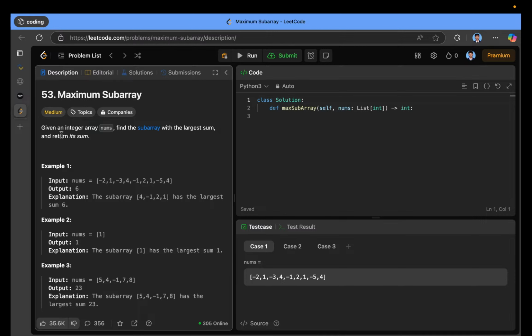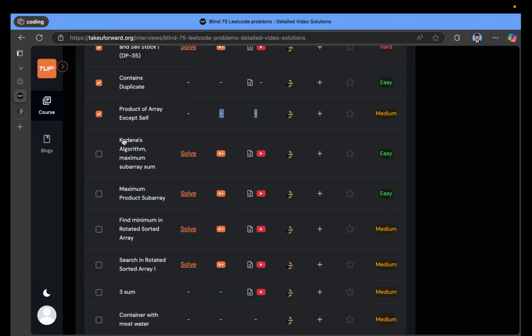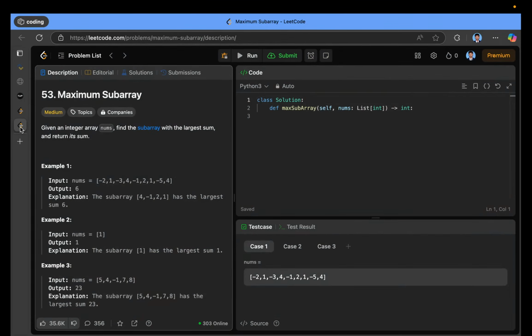Actually, I was late. Okay, welcome to... Okay. Maximum subarray. But why is it written Kadane's algorithm there? Did I click on the wrong link or the same link?